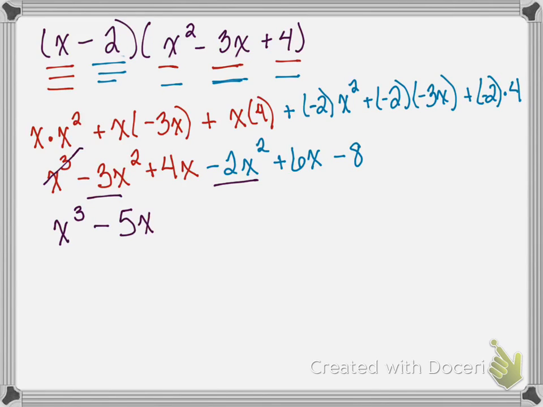Negative 5x squared. 4x and 6x. Okay? And then my negative 8 is my last term. Okay? Remember, x to the third and x squared cannot be combined because they don't have the same exponent.